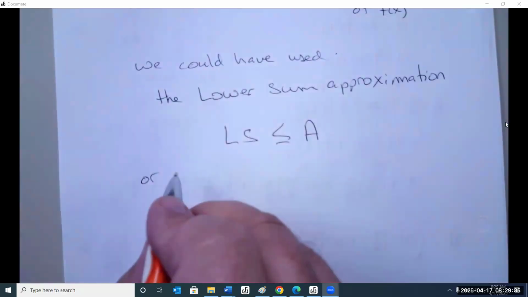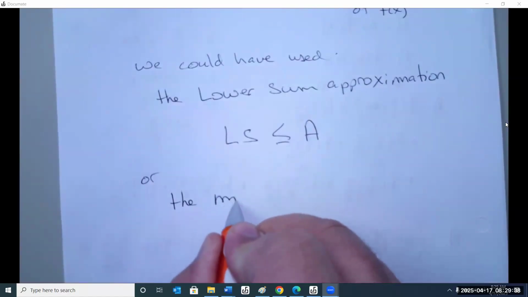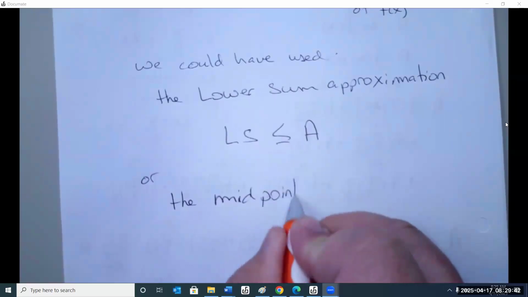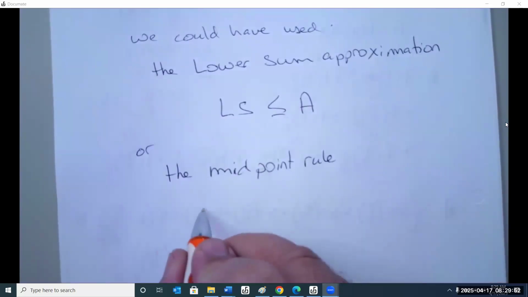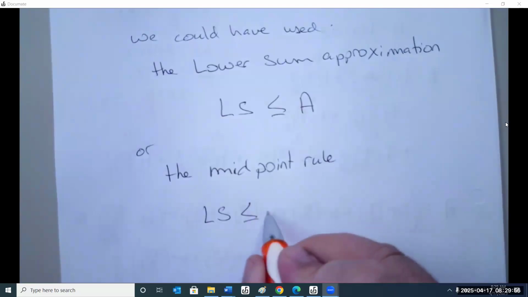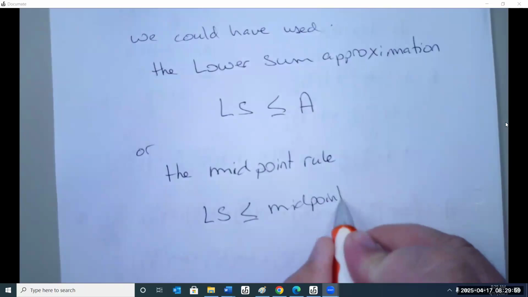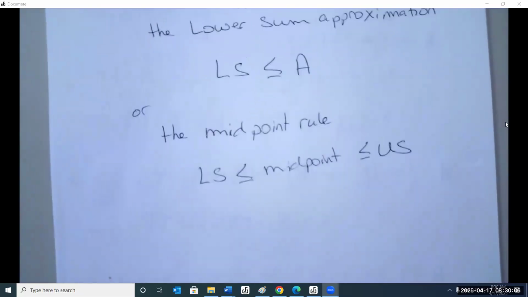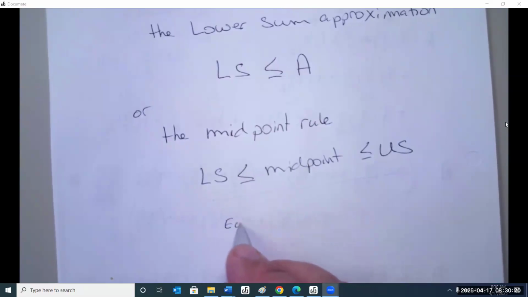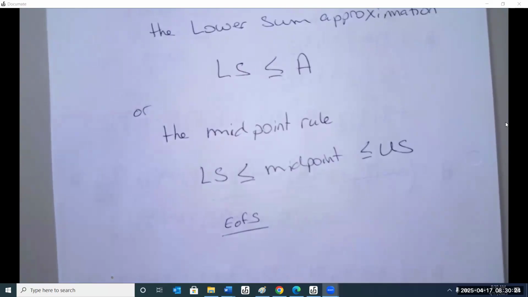Or we could have used the midpoint rule, where the lower sum is less than or equal to the midpoint, which is less than or equal to the upper sum. And somewhere between there is the actual answer. Okay, that's the end of that section.